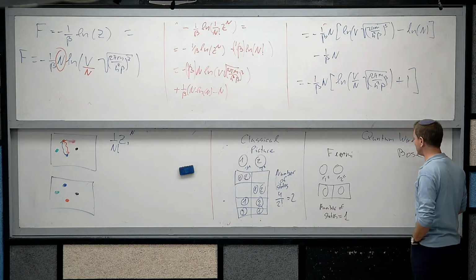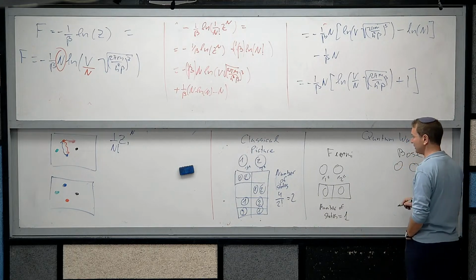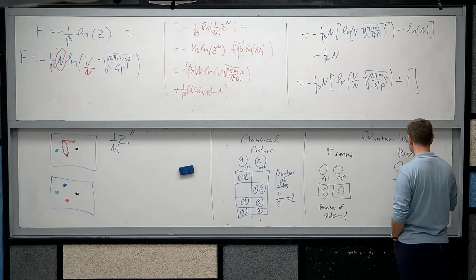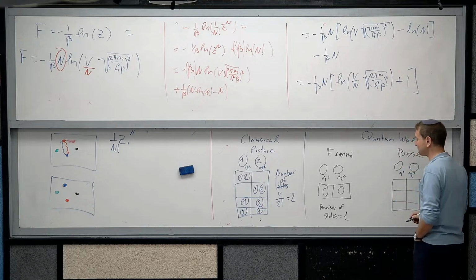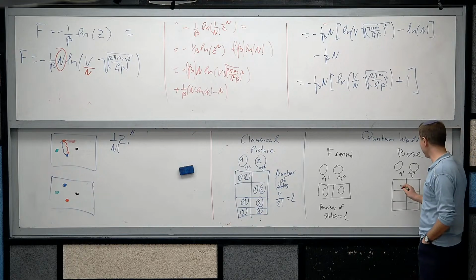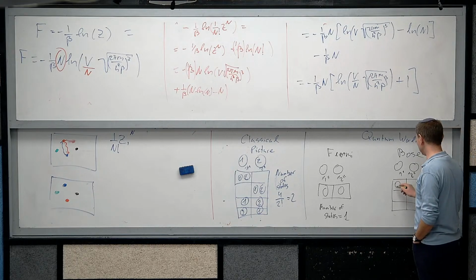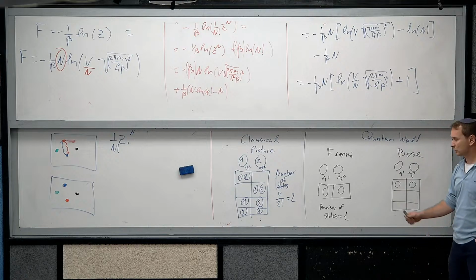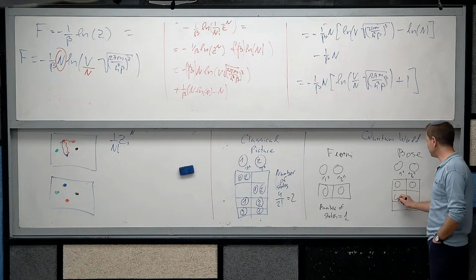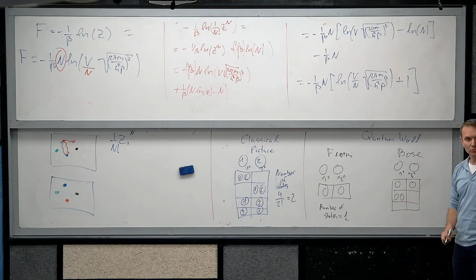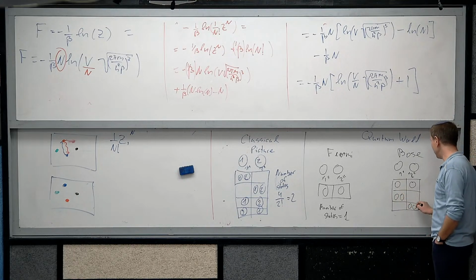Okay. What happens for Bose? Again, I have two particles, and they are exactly identical. I have energetic state number 1 and energetic state number 2. I can either put one particle in state number 1 and another in state number 2, or I can put both of them to the left or both of them to the right.